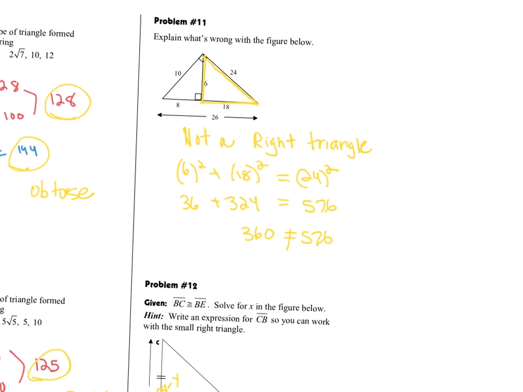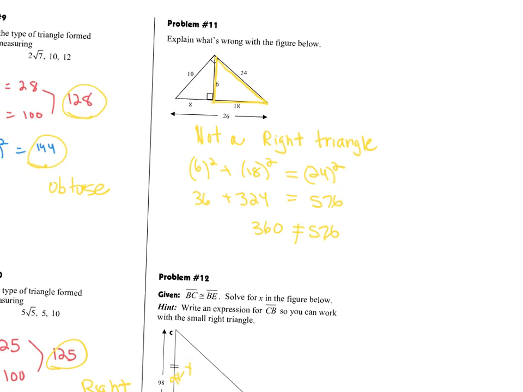In problem 11, it asks us to explain what is wrong with this figure below. And so, one of the things we start looking for is, is everything there a right triangle, since we have a right triangle in the problem. And so when I look at this triangle over here that I've highlighted in yellow, I can see that this 6 squared here is 36 and the 18 squared is 324.